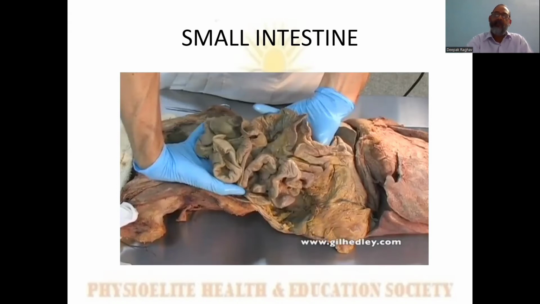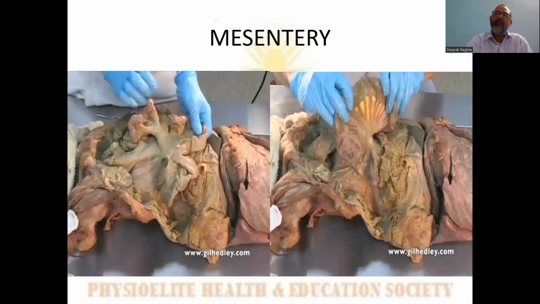After the small intestine, the next structure is the mesentery. The mesentery is a very interesting structure which connects the small intestine. It's a fabric-like structure. When you see this, this is the mesentery, at the front or back of the loops of the small intestine.